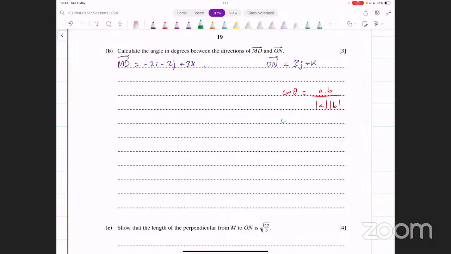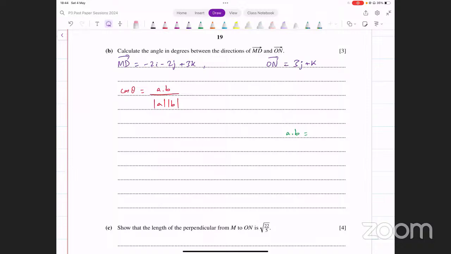What's the angle? Cos theta equal to, in fact, you can just find those two things that we need here first. Dot product. Let's find that dot product first. Just multiply corresponding components.